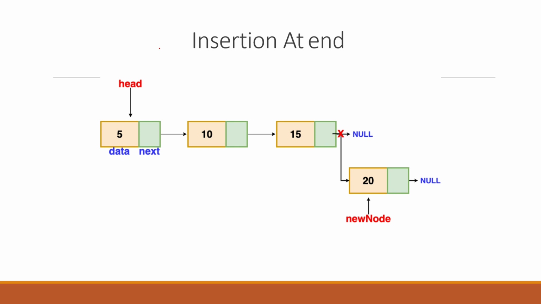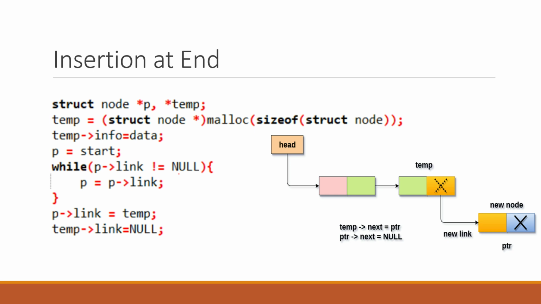Now, how can you insert a node at the end of a list? To insert a node at the end of a list, we require two pointers. First is P, that is used to traverse and to find the end of a list, and temp is a pointer that holds a new dynamic memory allocation.